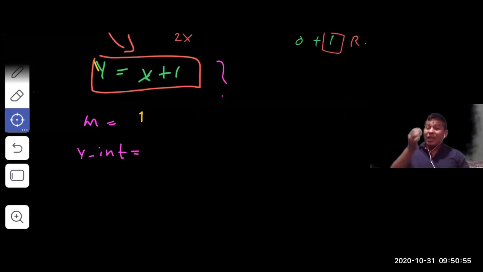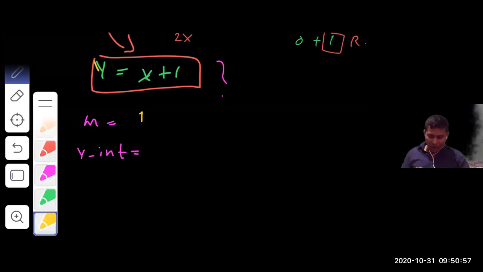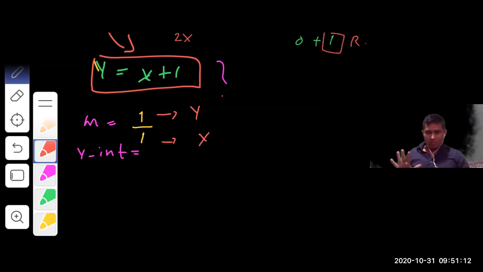But Freddy told us we need a fraction. When you don't have a fraction, you only add a 1. Another thing we have to know is that this numerator is the change in y, and this denominator is the change in x. Okay, with this information, we're done.